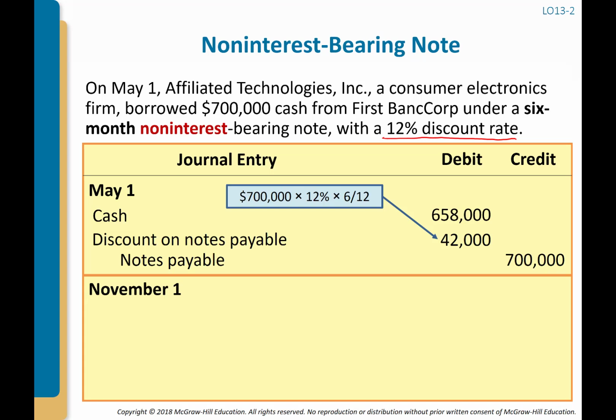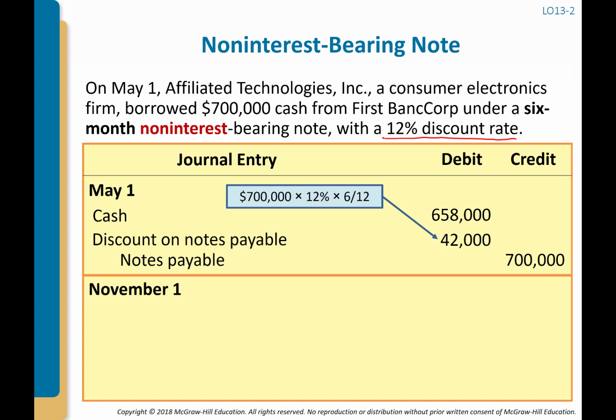So what they're basically saying here is that when we discount the note this way, the interest is going to be paid by just paying back this whole 700,000. So the interest on this is the difference between the discounted amount and the final maturity amount.